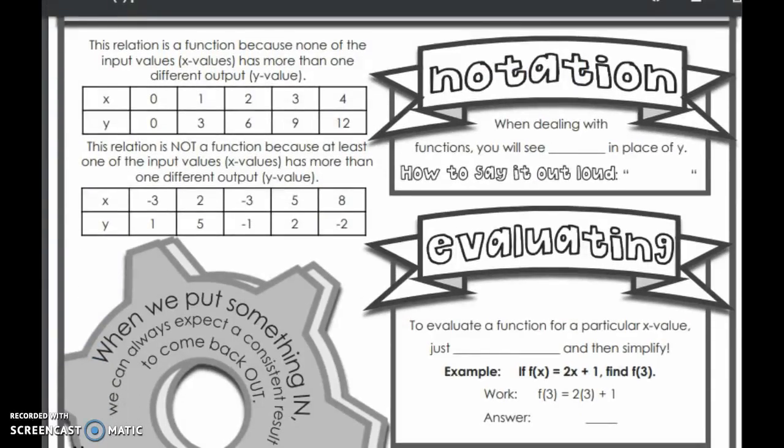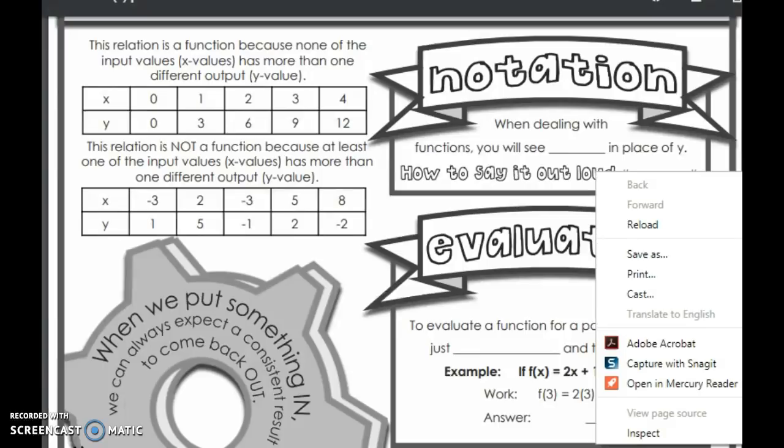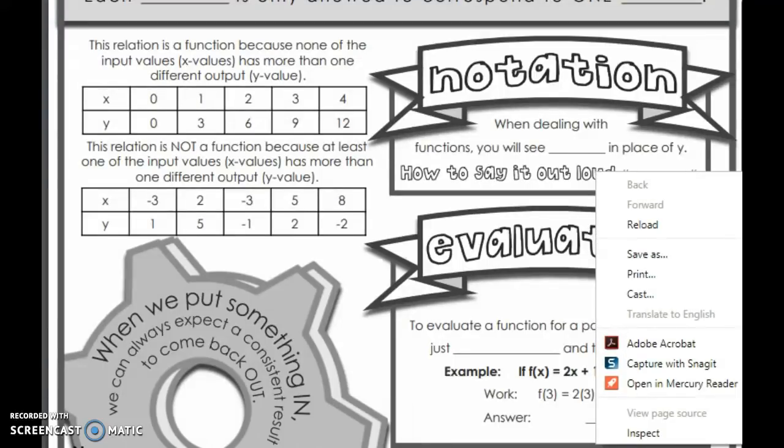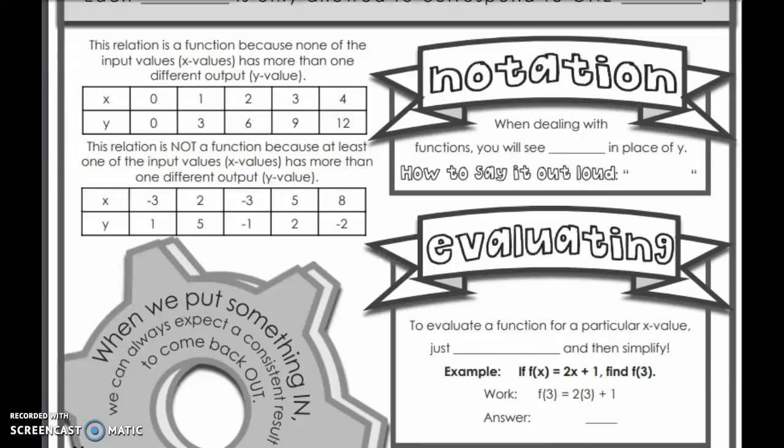This relationship down here in this table is a function because none of the input values, these are the x's, has more than one different output value, or y.